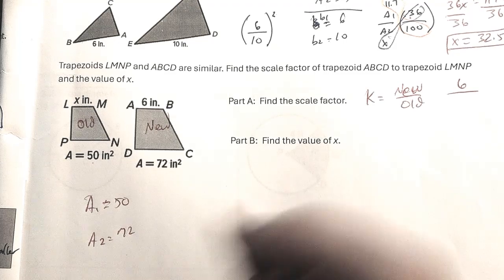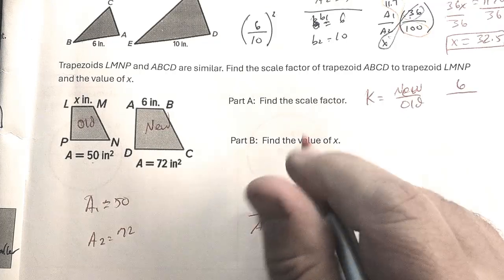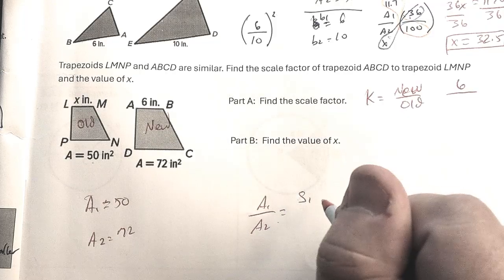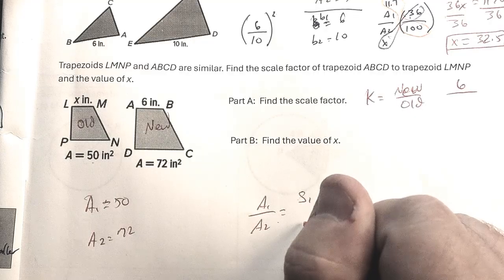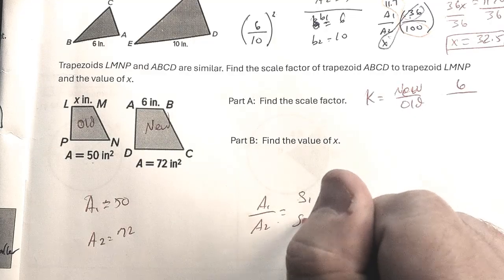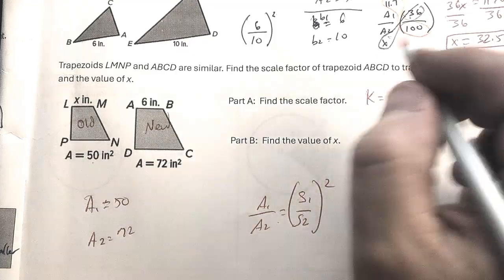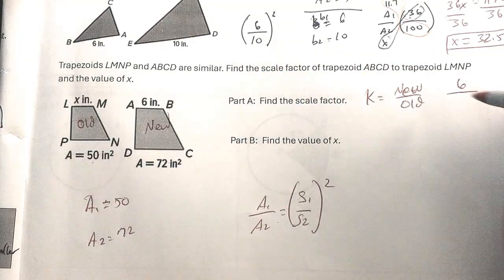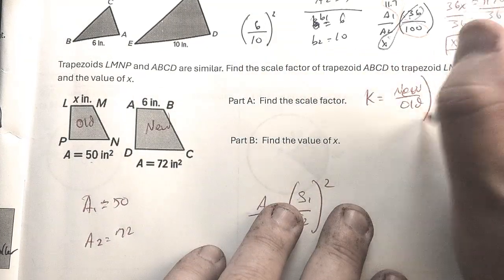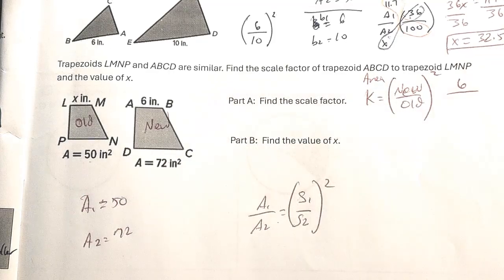Now we'll take area 1 over area 2 and put it equal to side 1 over side 2. Now remember, these are going to be squared, because for area it is squared. So let's bring this down.